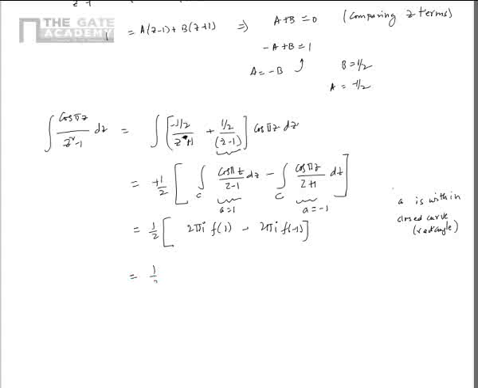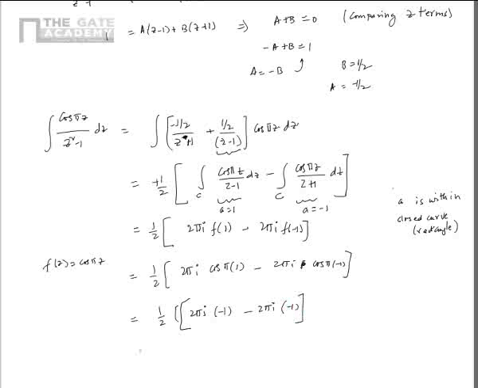So this is half, 2 pi i f of 1, where f of z is cos pi z, so this will be cos pi, minus 2 pi i cos of minus pi. So cos pi is minus 1, and here cos of minus pi or cos pi, both are the same, so this becomes minus 1.